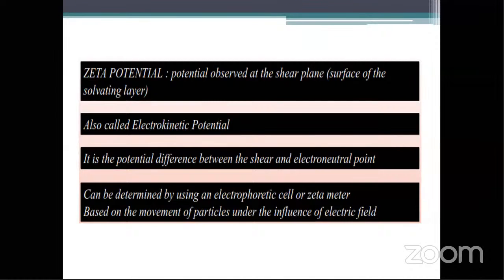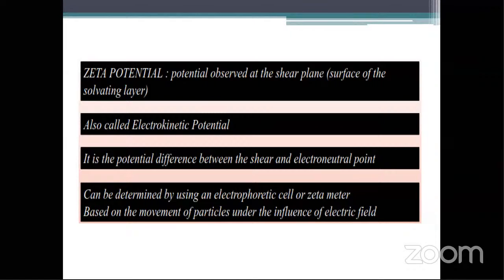Zeta potential is also known as electrokinetic potential. Try to remember. It is defined as the difference in potential between the surface of the tightly bound layer, that means the shear plane, BB dash, and the electroneutral region of the solution.